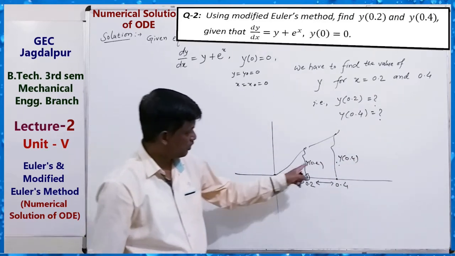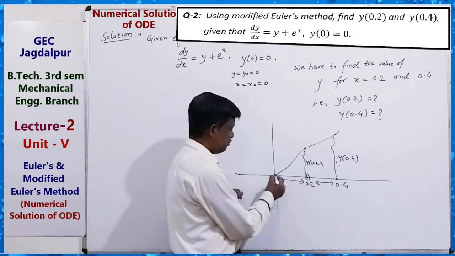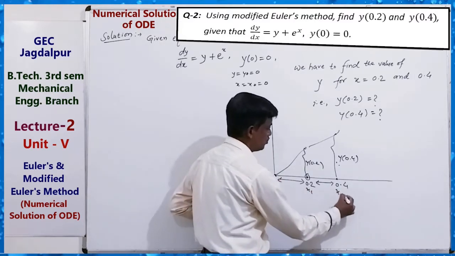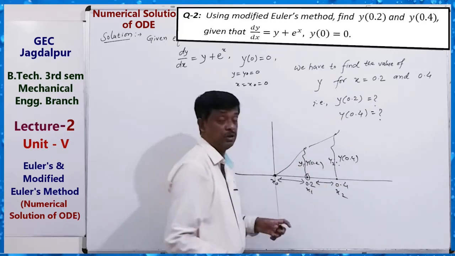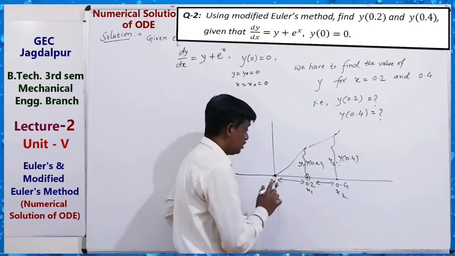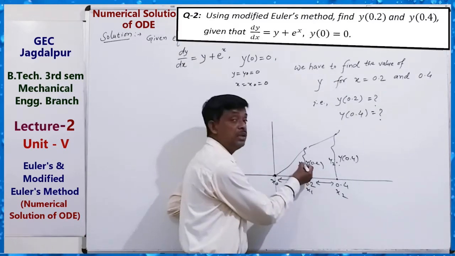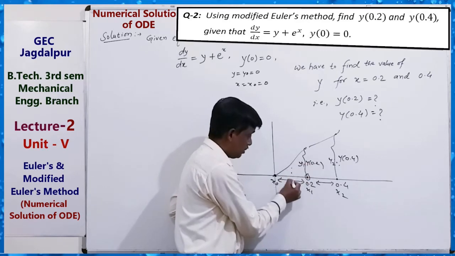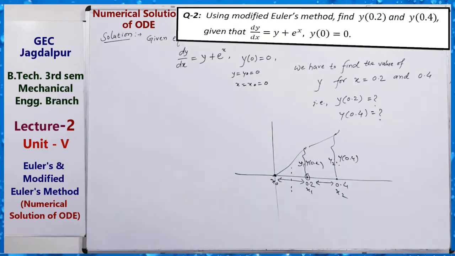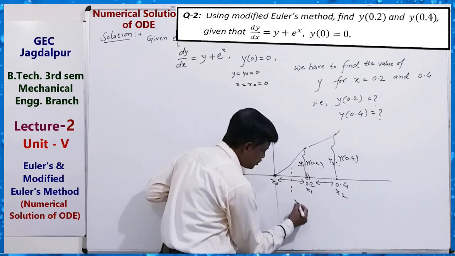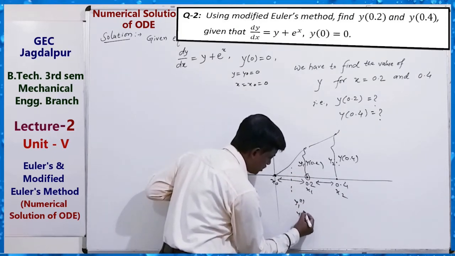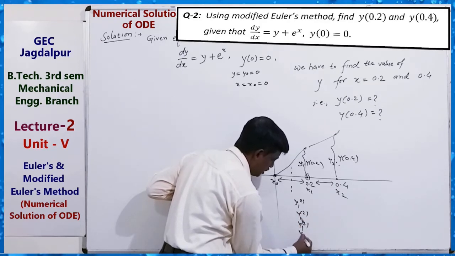Clear? So if this is x0, this is x1, this is x2, then this will be y1 and this will be y2. So our work will be to approximate the value of y1 here: y1 first approximation, y1 second approximation, y1 third approximation, y1 fourth approximation.